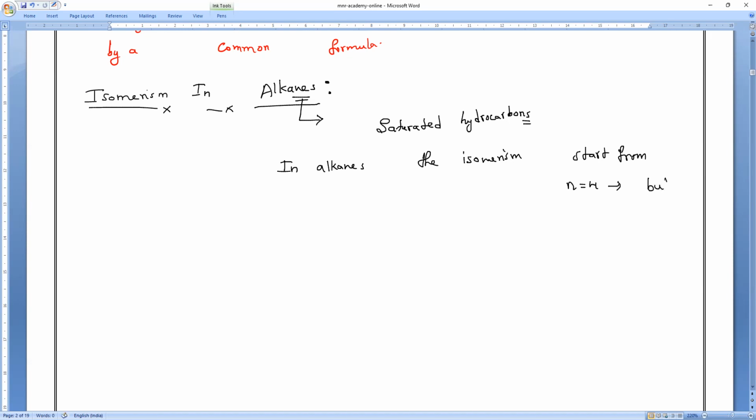n equals 4, what is that? Butane. Sir, why? Answer, please, write it. Because before that, the changing in position of any carbon atom does not affect the structure.